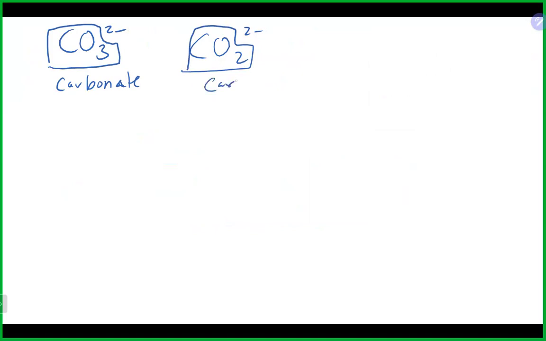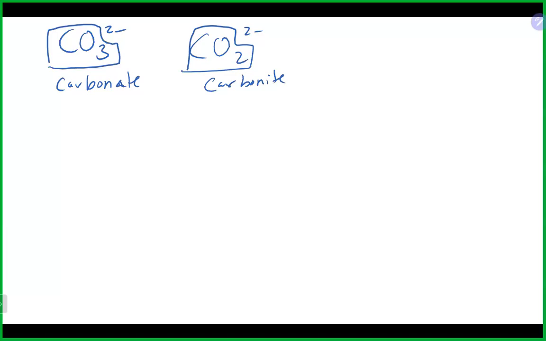That's one carbon, three oxygens. That's carbonate ion. So if I had CO2 2 minus, the guy on the left's carbonate. That guy should be carbonite, right? Carbonite. Yeah.